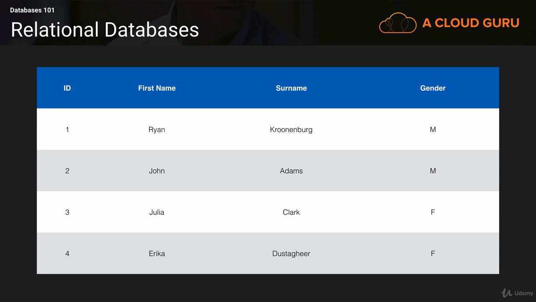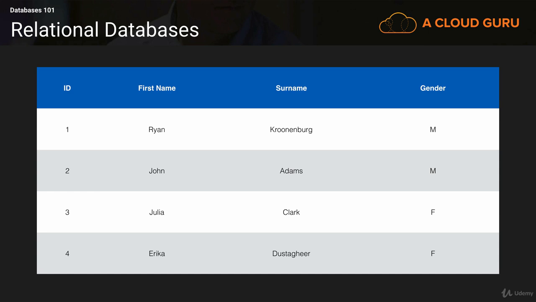It might be something like address, which would be alphanumeric, so it would have both numbers and letters, etc., etc. And the reason that's important is we'll come to that in the data warehousing section as to how data warehouses work. But just take a note that this is a typical sort of database. So it's very, very simple. 4 fields, and then we've got 4 different rows within those fields.